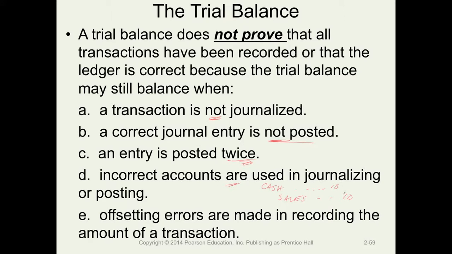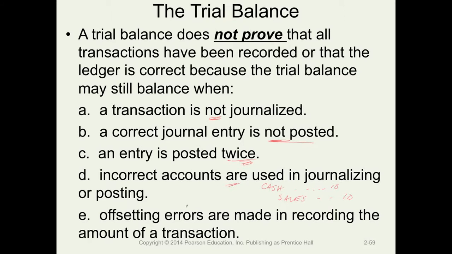Obviously, debits are equal to credits, and the trial balance will balance. And then we could have offsetting errors. Again, you can, as we said, use $10 instead of 100, and you make the error in the same place. You could also have other errors in different transactions.